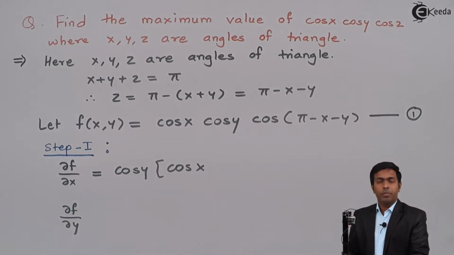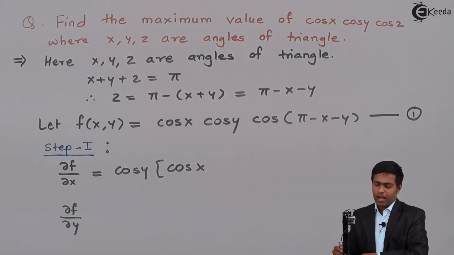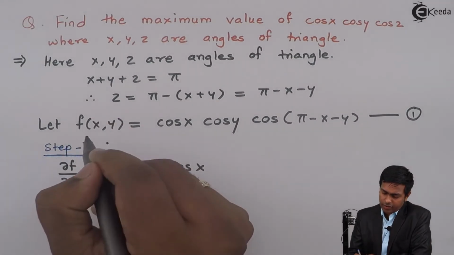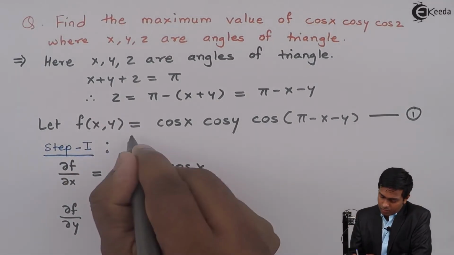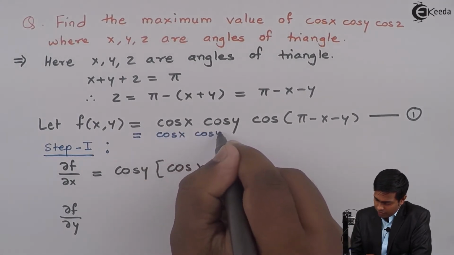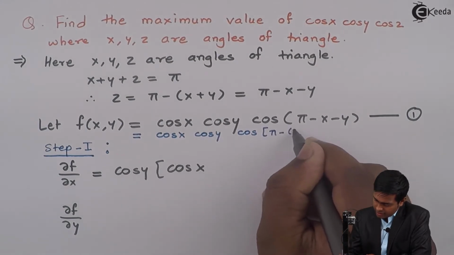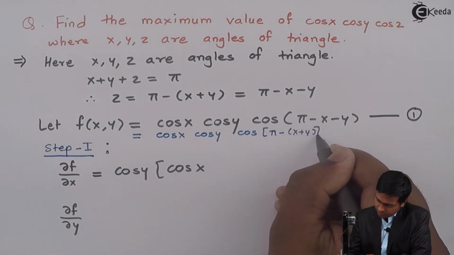But okay, before that we can use one more technique or formula, and we'll use that formula right here itself. Here we can say it is cos of x, cos of y and cos of pi minus x plus y.